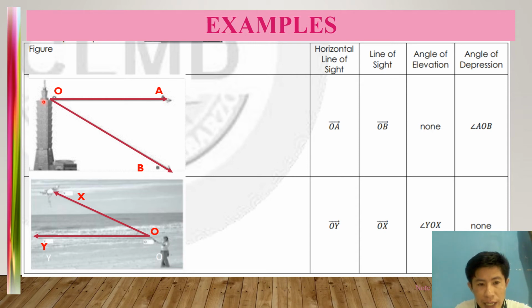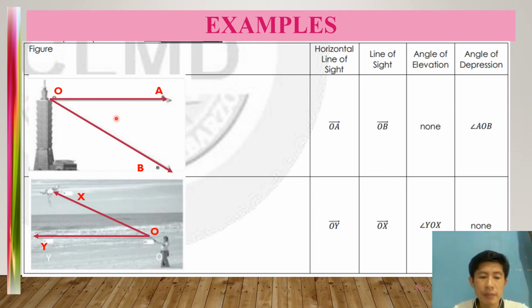Nandito nakatayo yung tao sa taas ng building. Tapos, eto yung straight line, horizontal straight line from the eye of the observer papunta doon sa portion, naka-level lang ng mata niya. So, straight lang ng mata niya doon.